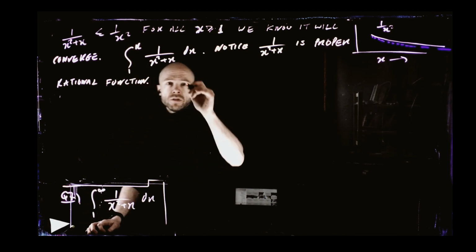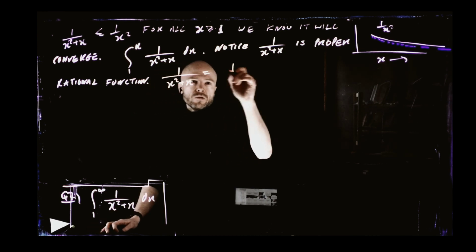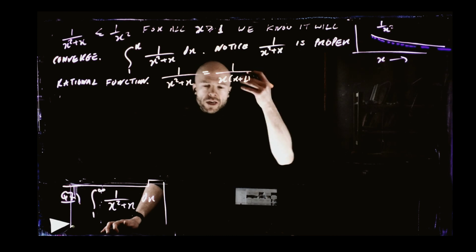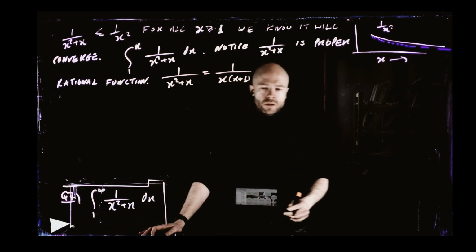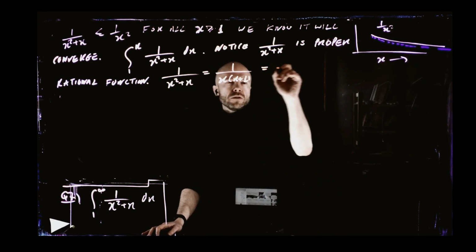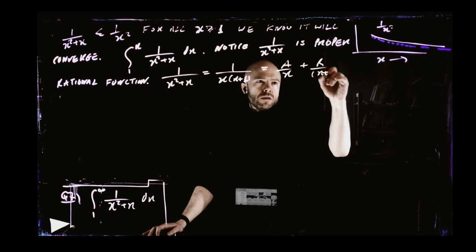So then we have 1 over x squared plus x. Let's write this like this, x times x plus 1. Which case are we looking at here? Case 1, right? We have distinct linear factors. So this is equal to a over x plus b over x plus 1.